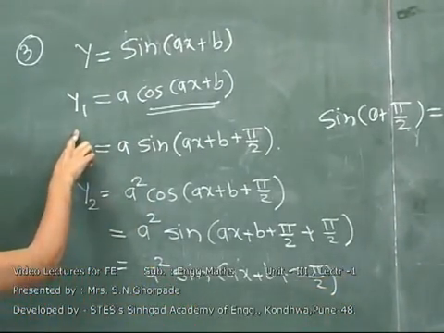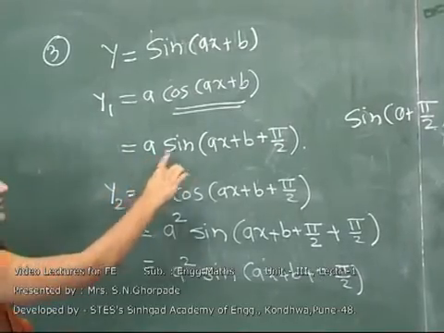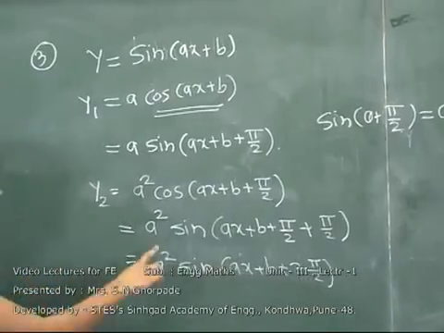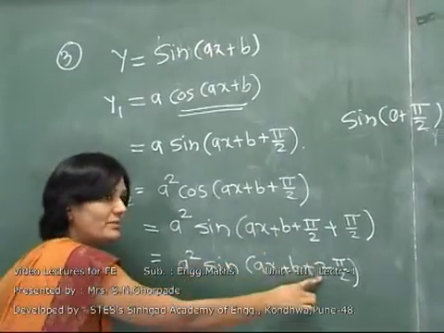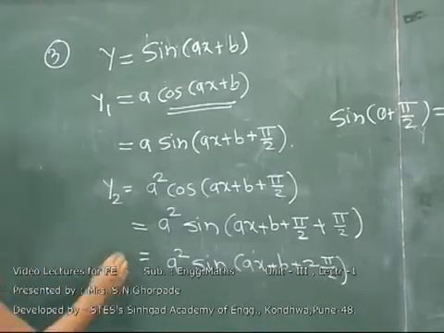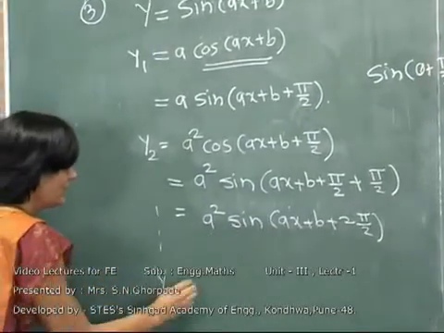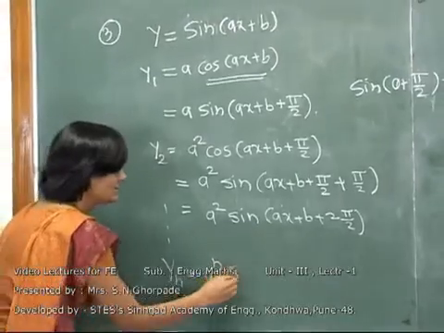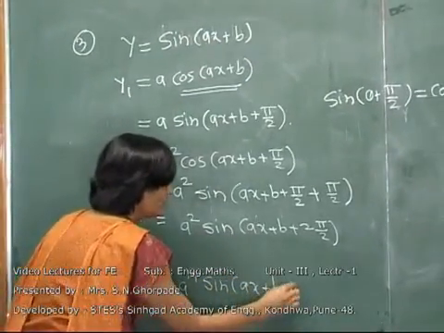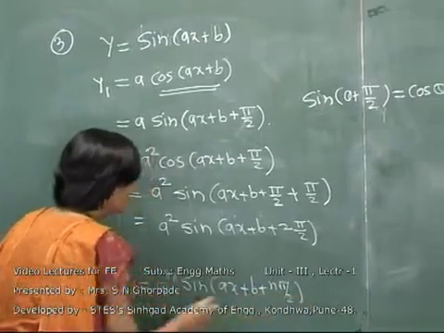When y1 is there, we are getting a and 1 pi by 2. For y2, we are getting a square and 2 pi by 2. So what will be yn? It is a raised to n sin of ax plus b plus n pi by 2.